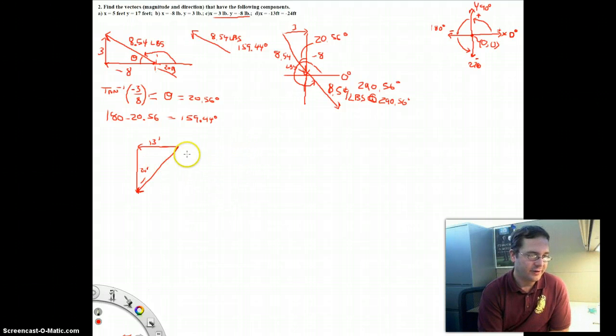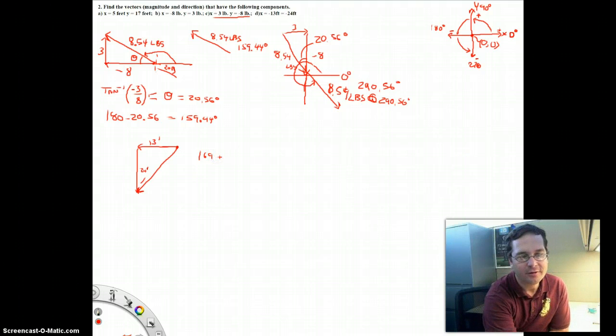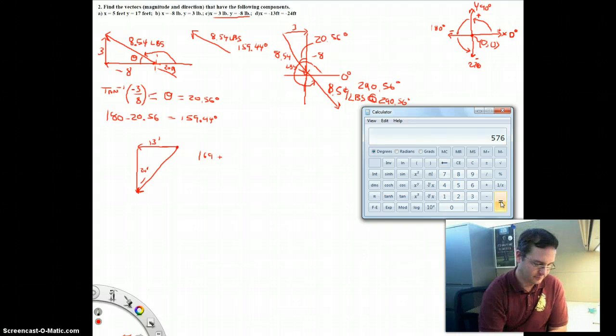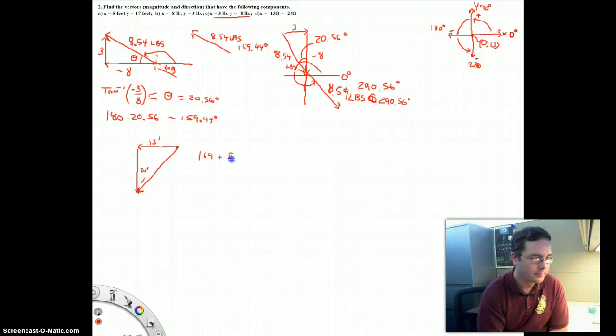So first thing, find the length. So 13 squared plus 24 squared. 13 squared is 169 plus 24 squared. That one I'm going to have to punch up. 24 squared, 576. Equals this length, we'll call that length side c squared. So square root both, and again you cannot take the root of a part of a sum.